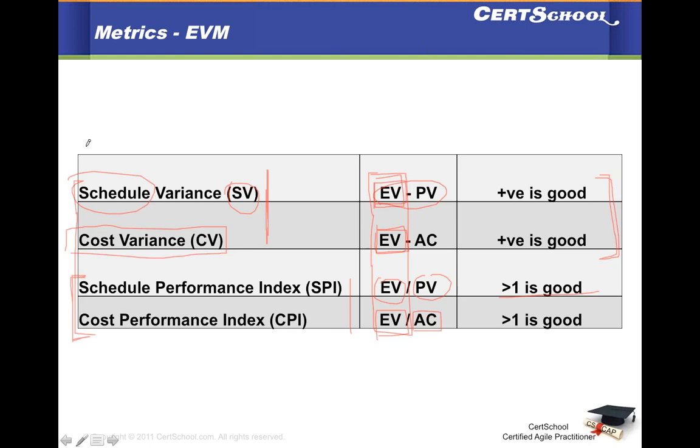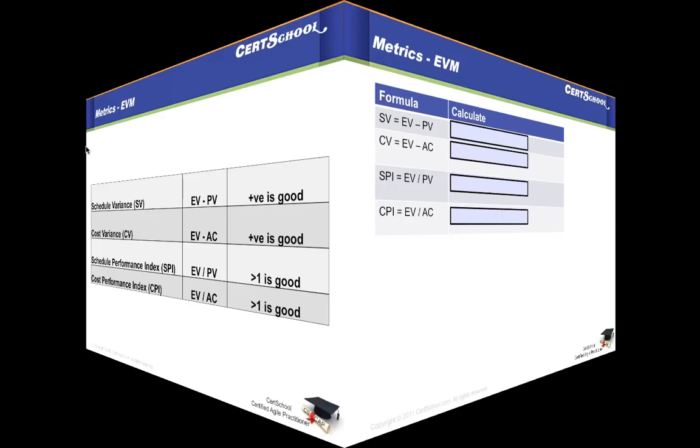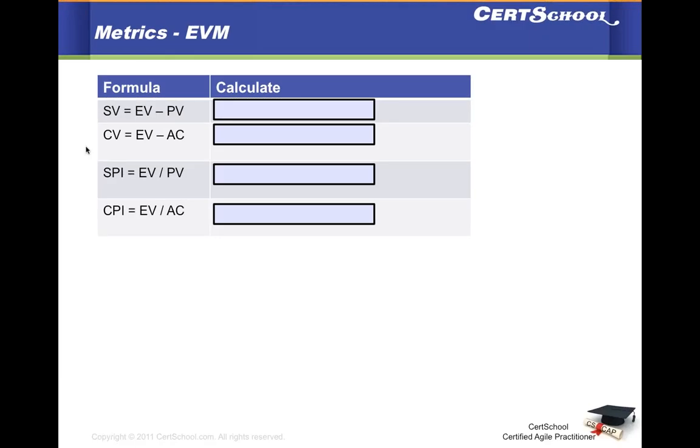So these are the four formulae that are very useful when you're doing earned value management. That is also what you would need to know if you're planning to take the PMI's Agile certification. Now, let's try to put this in more practical usage by taking an example.